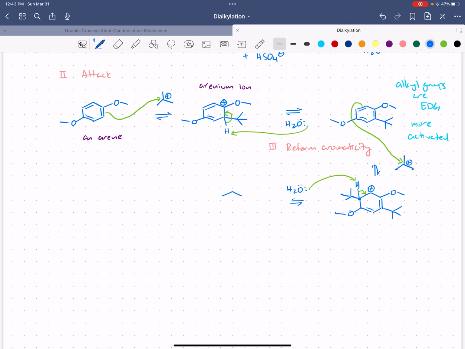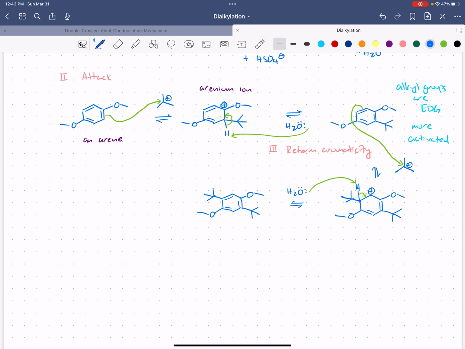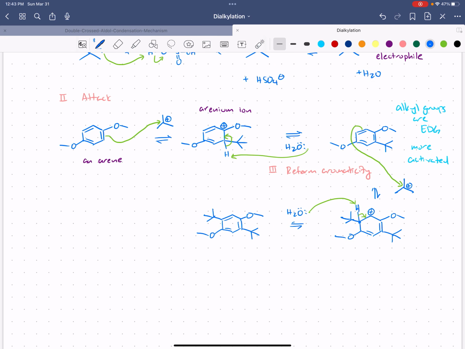And our final product. It's a short mechanism, but you're doing this alkylation twice. And it's going to go in these two positions. Okay, is that our final product? Yes. And we did create some acid.